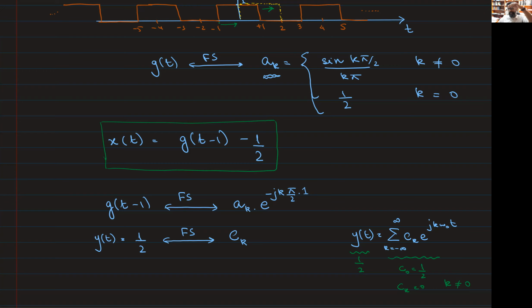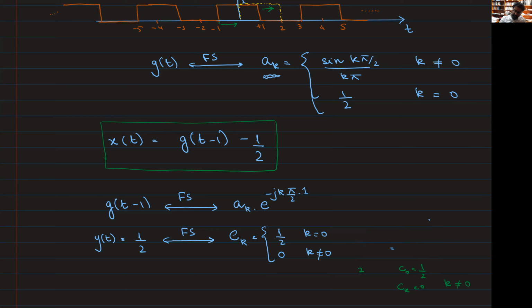So the DC coefficient, the a0 or c0 coefficient, must be equal to half, and all others should be 0. Therefore c_k equals half when k equals 0 and is 0 when k is not equal to 0.